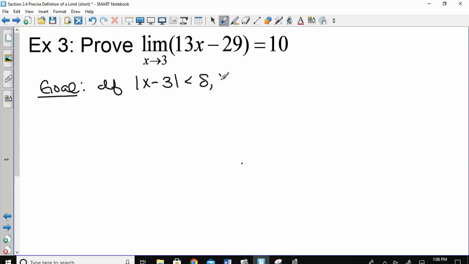So if the absolute value of x minus 3 is less than delta, then the absolute value of f of x minus L. What is my f of x? 13x minus 29. Minus, what is my L? 10. Is less than epsilon. Does everyone know how I got this?